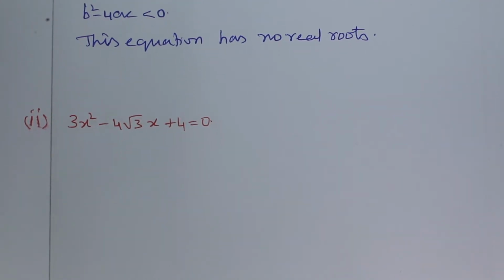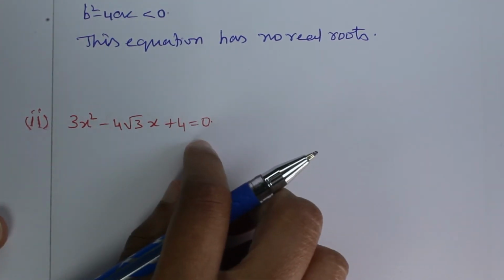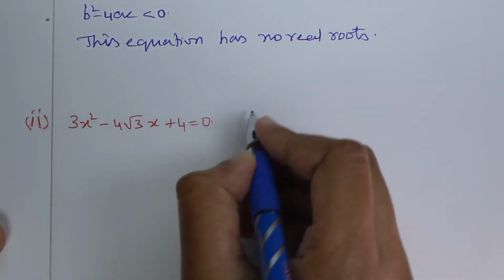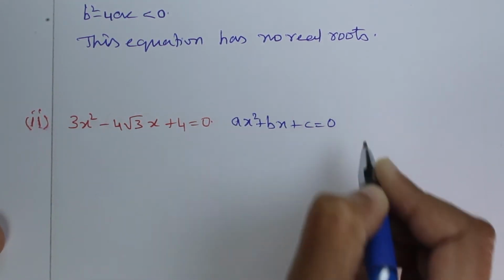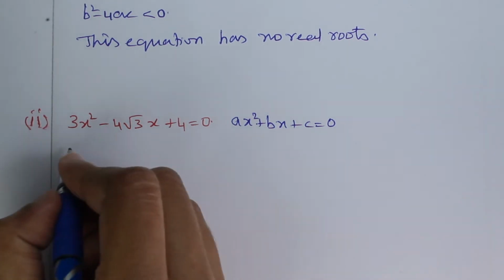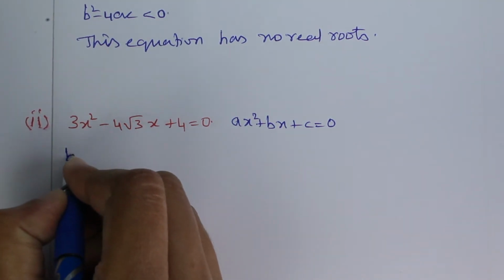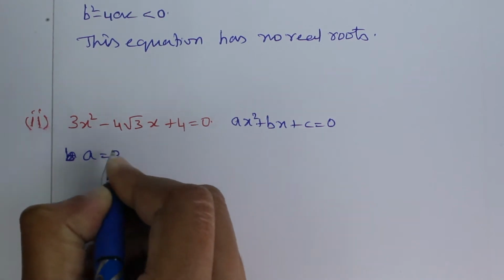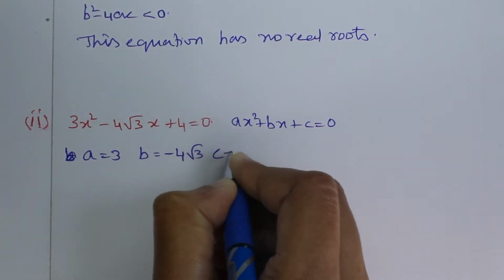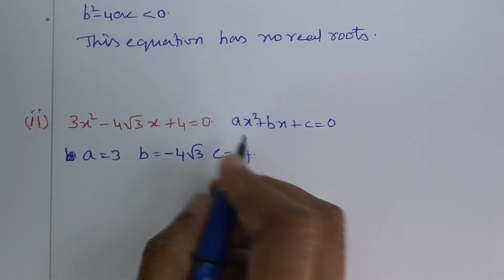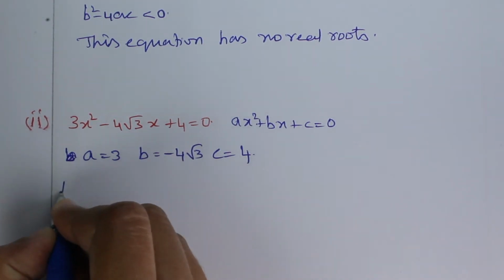3x square minus 4 root 3 x plus 4 is equal to 0. So again we will assume this equation to be in the form of ax square plus bx plus c is equal to 0. Now we will calculate the value of discriminant. Here a is equal to 3, b is equal to minus 4 root 3, c is equal to 4.